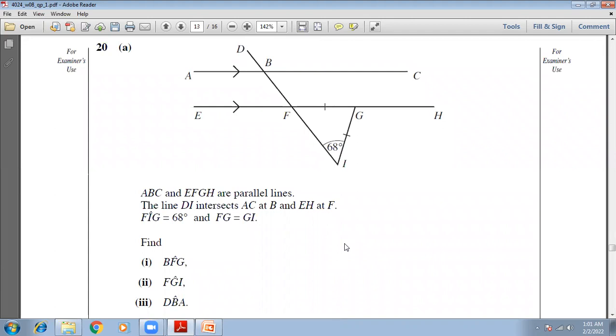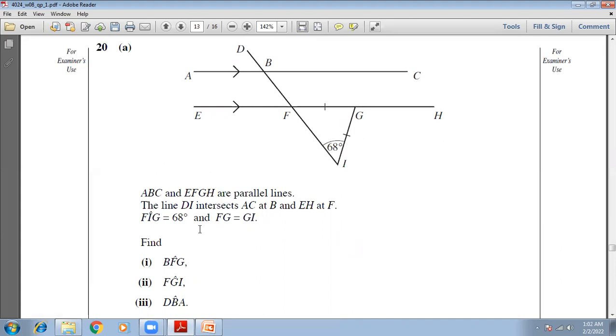So question number 20 is showing up on your screen. He says ABC and EFGH are the parallel lines. The line DI intersects ABC at B and the EFGH at F. So FIG angle is 68. So this angle here is 68.